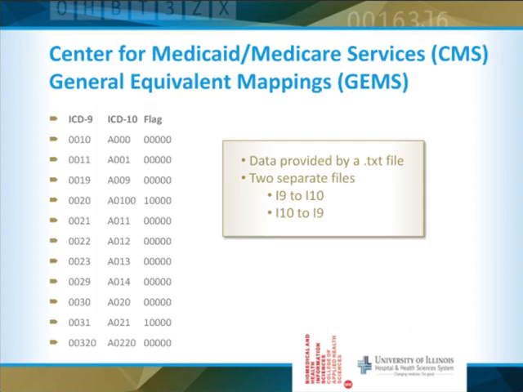If you've looked at the general equivalent mapping files, it is literally a text file with the ICD-9 code, the ICD-10 code, and the flag. For most of this research, we've ignored the flag. That's another level of dimension that complicates the overall mapping. If you're trying to do exact maps or understand studies, the flags are important.